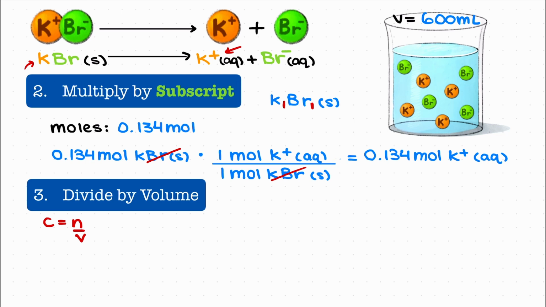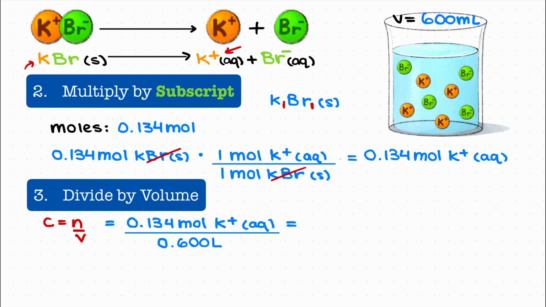In this case, we can substitute in our information. We just discovered that we have 0.134 moles of potassium ions, and we have a volume which we have already calculated to be 0.600 liters.